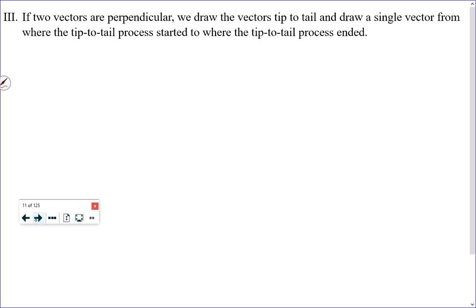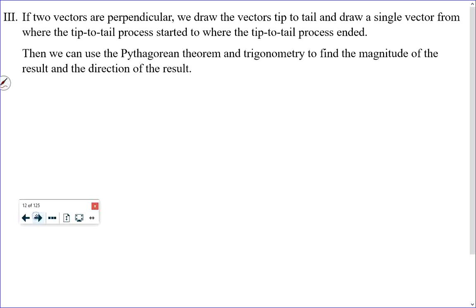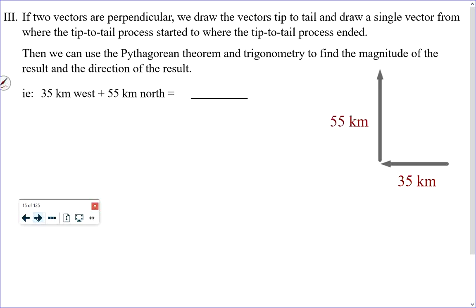Third case, and this is what we led up to on Friday, if the 2 vectors are perpendicular to each other, then you use the Pythagorean theorem, and you also use a little bit of trigonometry to find the angle. So if I had 35 kilometers west and 55 kilometers north, again, you draw these tip to tail, and you can do this to complete your note package.